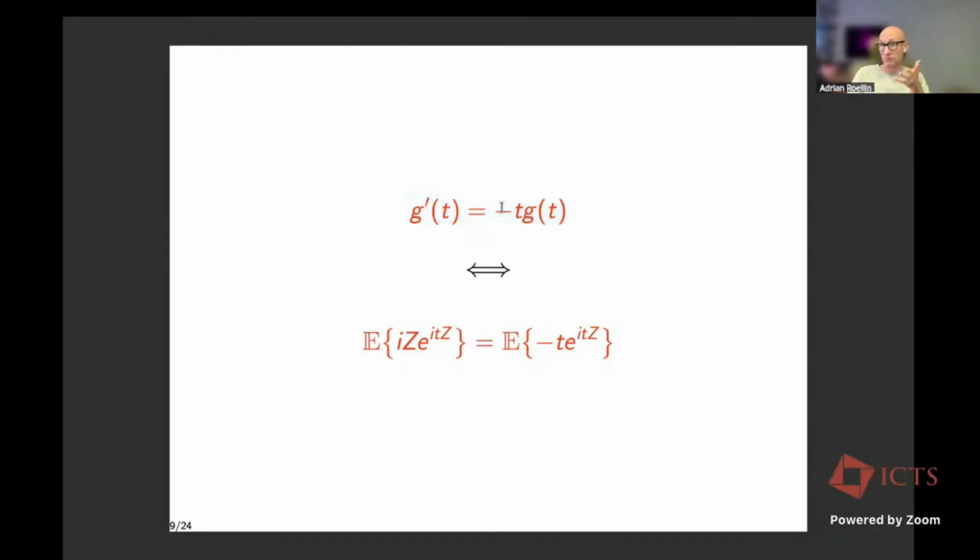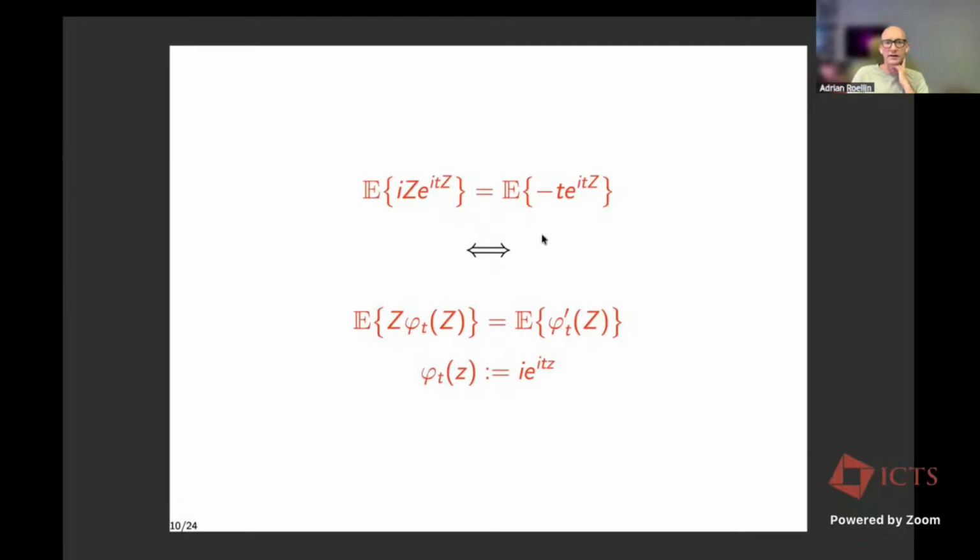We can write back what it means in terms of random variables. So g prime is just the i z that comes out of the exponent, and minus t g of t is just this expression, so that we are back to random variables rather than analytic functions.